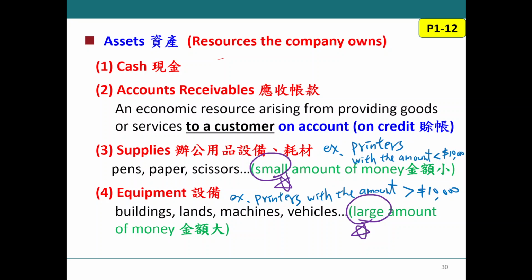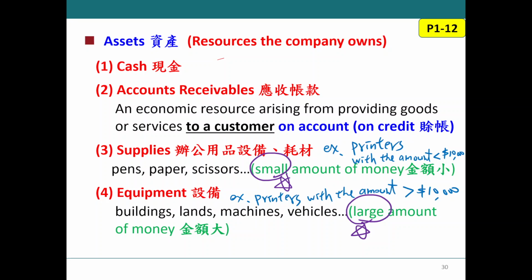Maybe not exactly the same, but with a slight difference. Even for the government, how this amount is defined will be different. That's why I mentioned our school uses $10,000. But maybe in different countries there are still different rules. Yeah. Okay. Any questions? No problem. Okay.